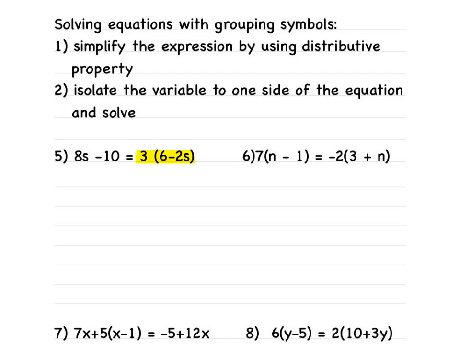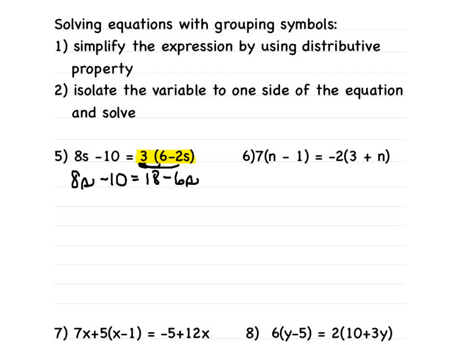That equation is not simplified until that grouping symbol is gone. And the way to remove it is to distribute that 3. So let's do that. That would be our first step. 8s, and I'll use a cursive s so that you won't confuse it for a 5. 8s minus 10 is equal to 18 minus 6s.